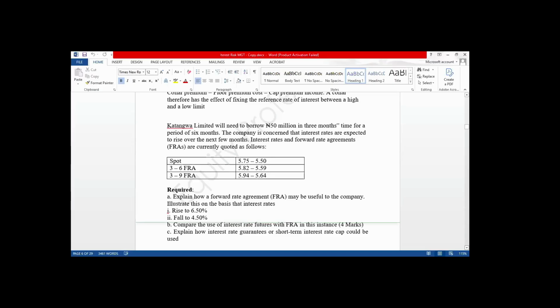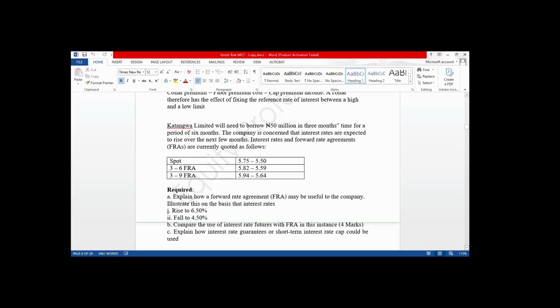The spot interest rate, assuming you are borrowing money now, is between 5.75 to 5.50. You have 3 to 6 FRAs and 3 to 9 FRAs.